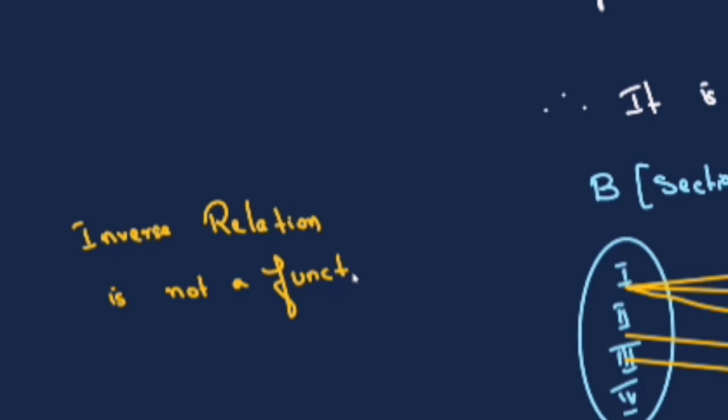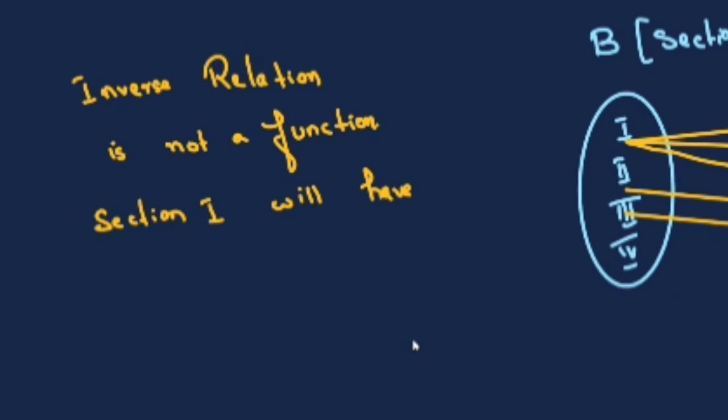The reason is section 1. Suppose you take section 1, it will have many students, isn't it? That means, what does it mean? An element in B. B is the domain now.